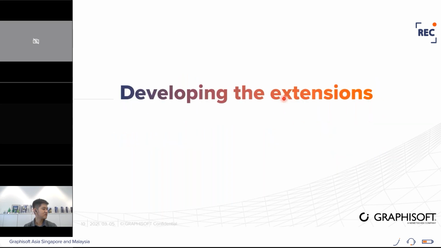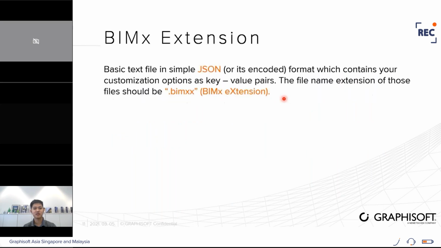Going deeper into developing the actual extensions, those extensions are created using a simple JSON format. Later, I'll show you a brief introduction for those who don't know what JSON is.